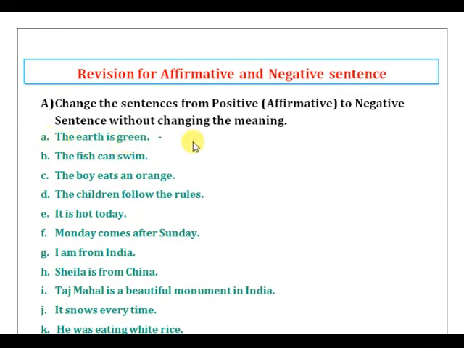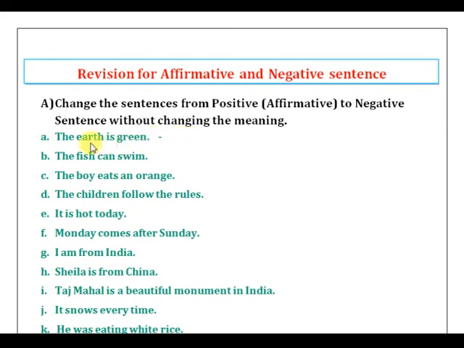We have to make this sentence into a negative sentence. So, when we follow the common structure or the common guideline, the correct answer will be: the earth is not blue. Now, some of you must be thinking that if the earth is not blue, how can the answer be that the earth is green?